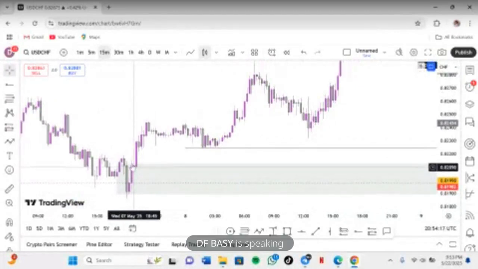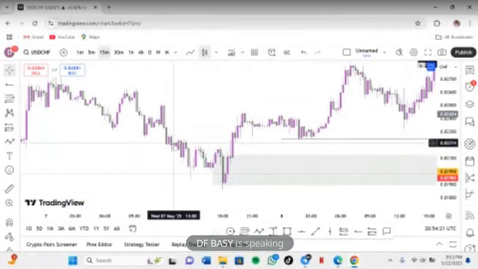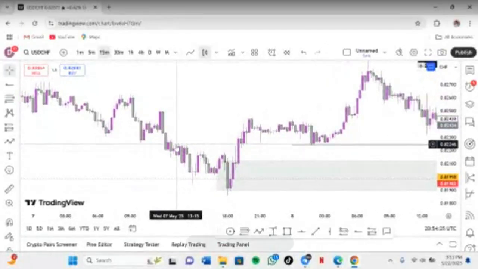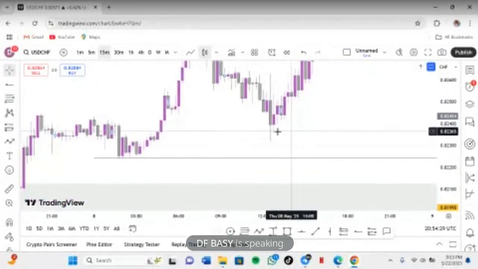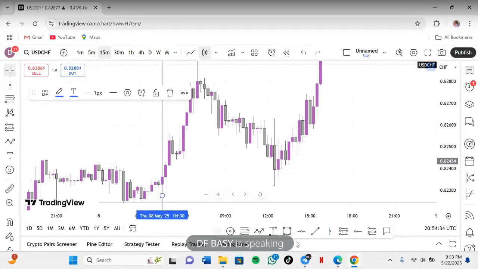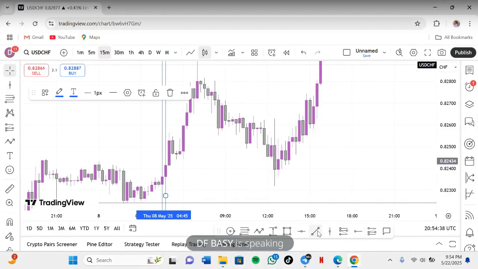I could use this one, but this guy looks like an inverted hammer. Okay, I take this as three white soldiers also. One, two, three.